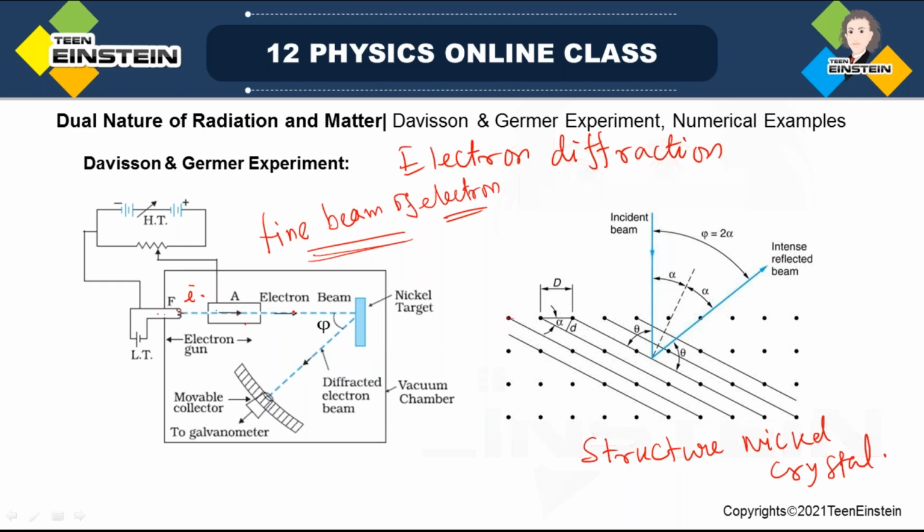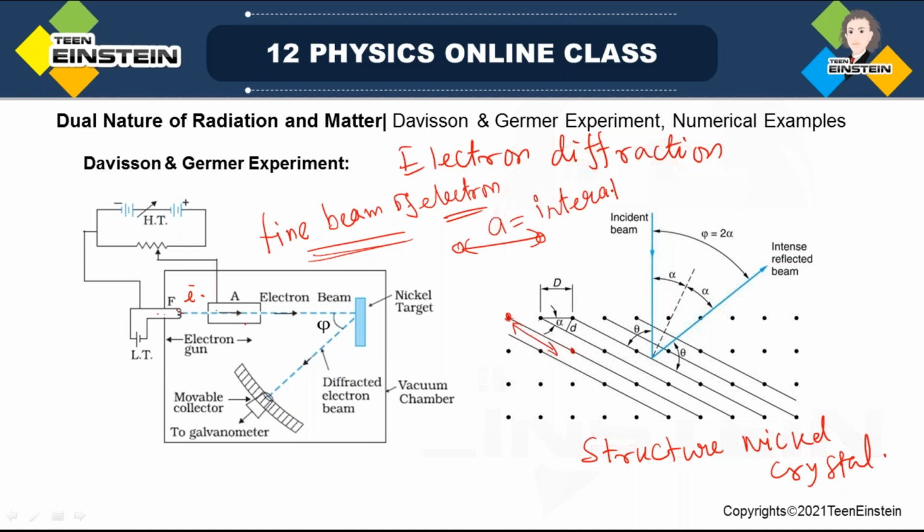Look here, when the electrons hit the crystal, they will be scattered by the atoms in the planes of this crystal. This plane has 3 atoms, here 4. Like that, there are atoms in each plane, and they are not haphazard, they have a certain arrangement. This distance is called the interatomic distance, the distance between two atoms. It is denoted by small a.